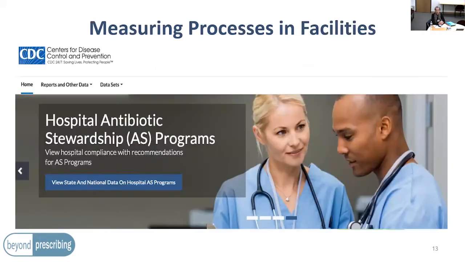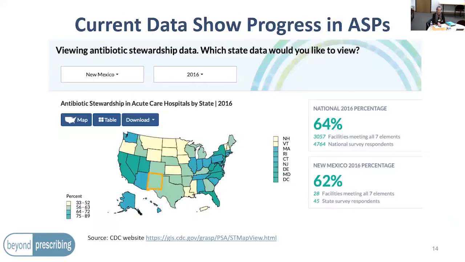So next slide. How about measuring processes? CDC is also reporting now on antimicrobial stewardship programs and how we're doing nationally. Next slide. And if you go to their website here, this is from 2016. I'm looking at some detailed data here on New Mexico, as well as you can see how everybody's doing across the country with the color chart.